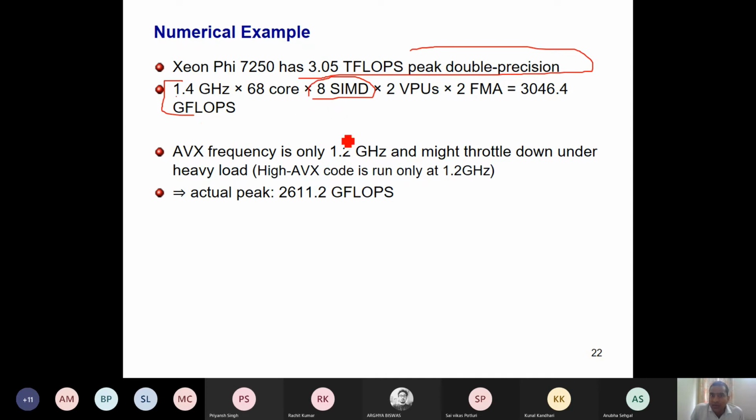You will be able to run only at 1.2 gigahertz, because if you run at very high frequency, you also dissipate a lot of power. To avoid exceeding the power budget, the hardware will throttle your frequency. That means it will reduce the frequency from 1.4 gigahertz to 1.2 gigahertz. So already instead of 3000, you have come down to 2600.